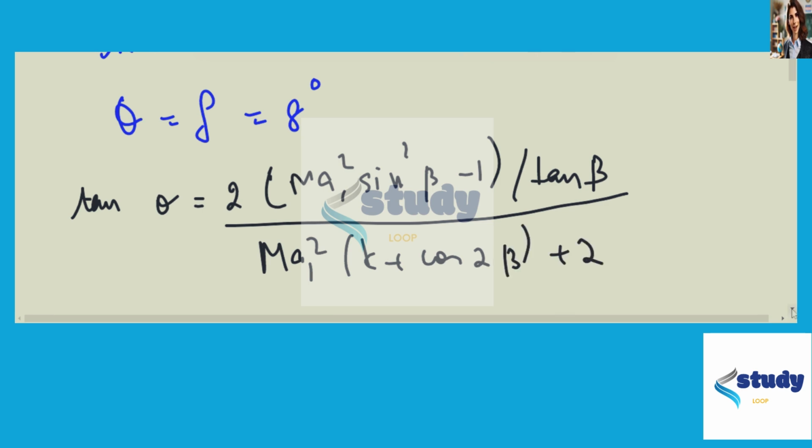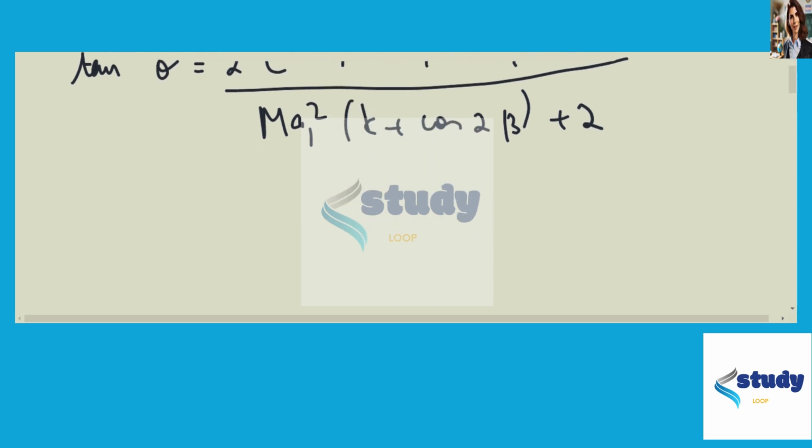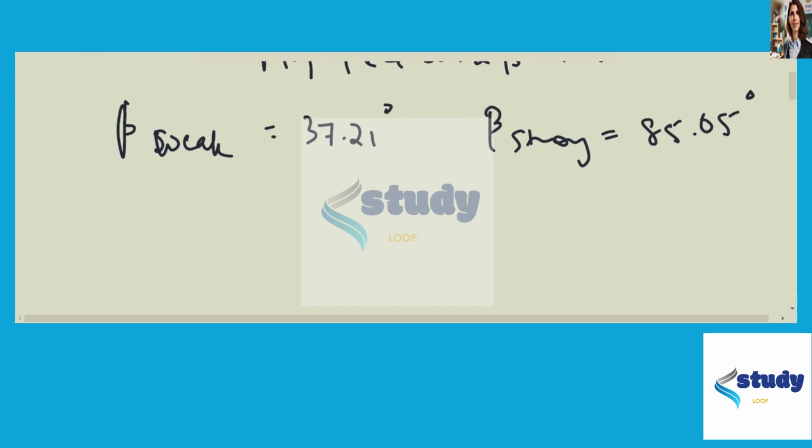So keeping all the values, we find that beta weak equals 37.21 degrees and beta strong equals 85.05 degrees.